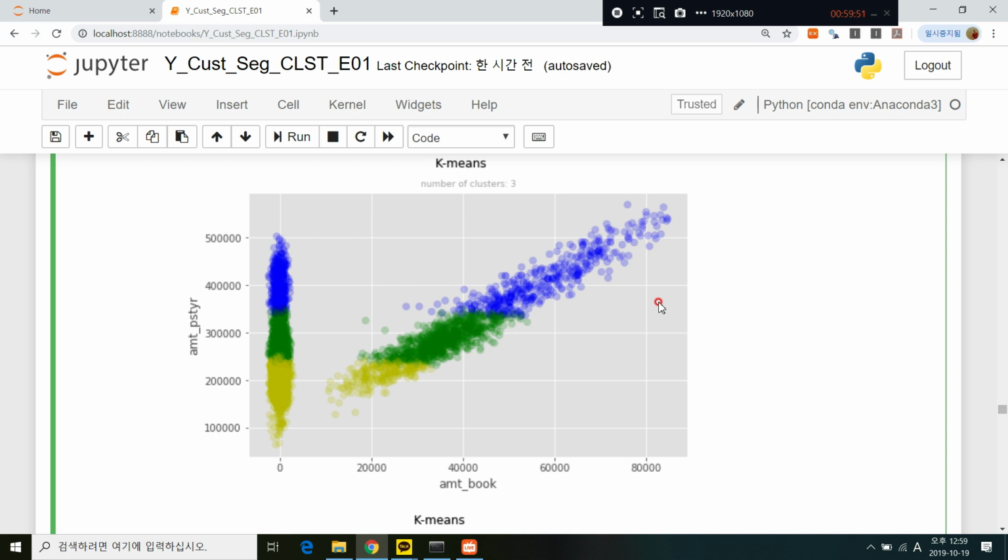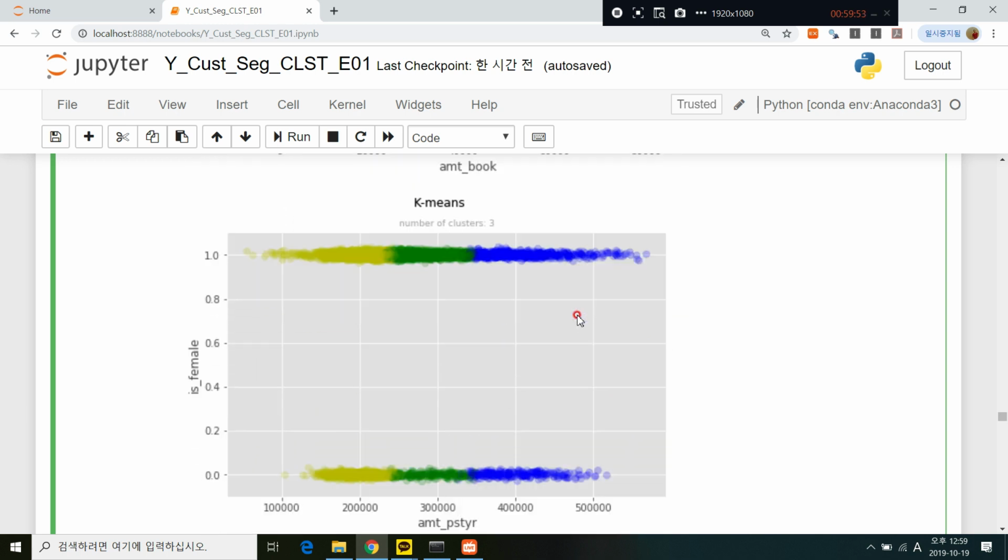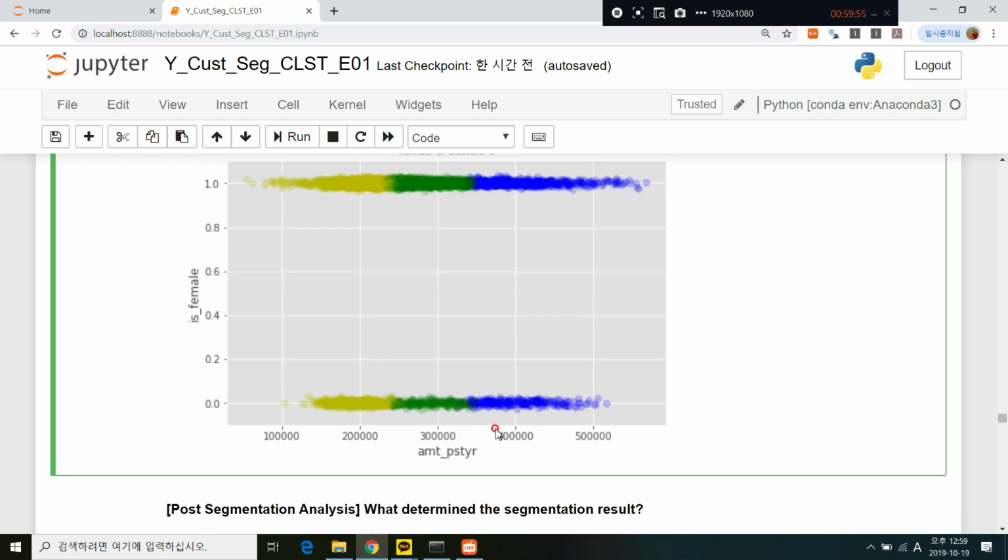Okay, another chart also shows the same pattern. The ratio of female, compared to amount past year, does not have any impact in defining the cluster.